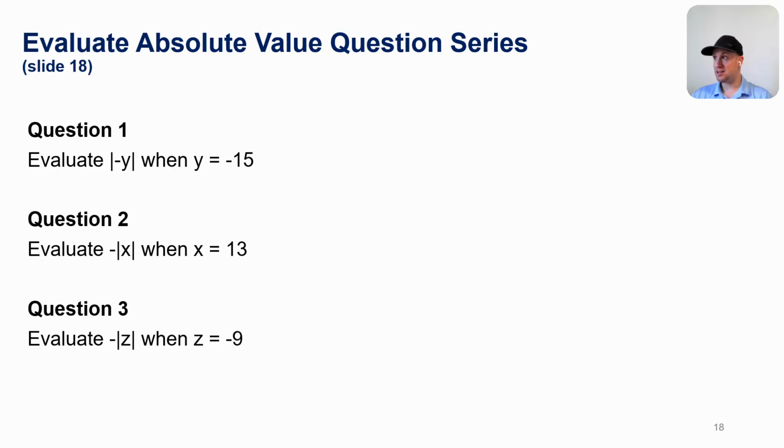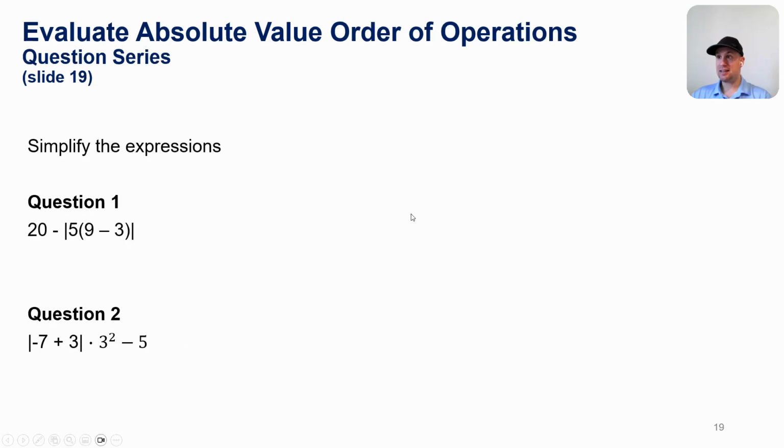Okay, final concept then. Let's look at evaluating absolute value within order of operation types of problems. So a little longer problems here. To remind you about order of operations, there's a couple different ways you could note it. Most math teachers, math instructors, mathematicians now actually note it as what's called GEMDAS.